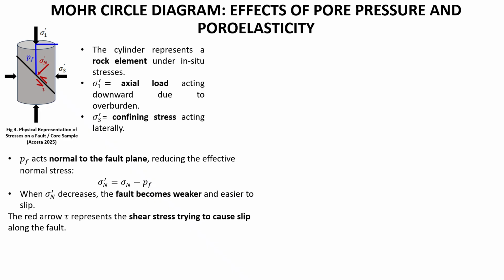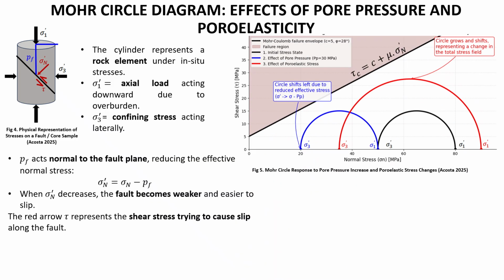When pore pressure increases, the normal stress decreases. That means the fault becomes weaker, and the shear stress tau required to slip the fault becomes smaller.